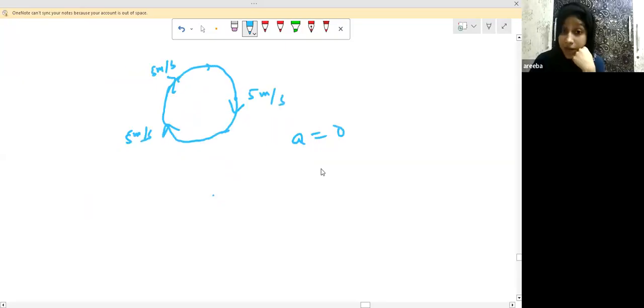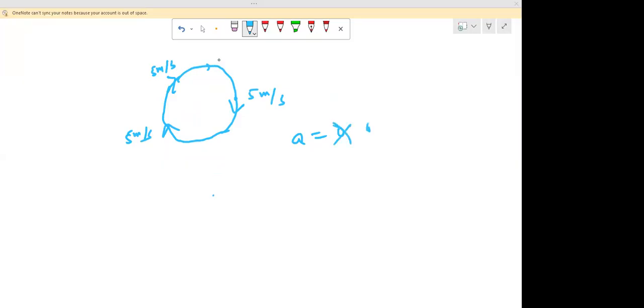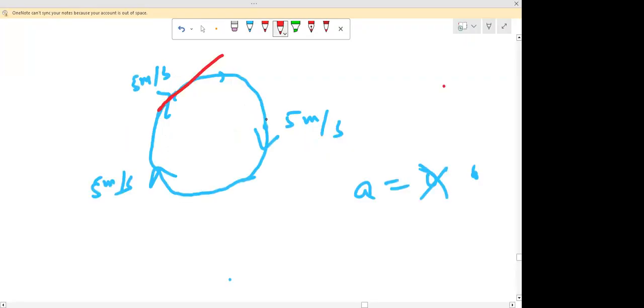Right, Umaima? Yes, ma'am. But what if I say the acceleration is not zero? It will have some value, due to direction. Because at this point the speed is 5, but the direction is like this.